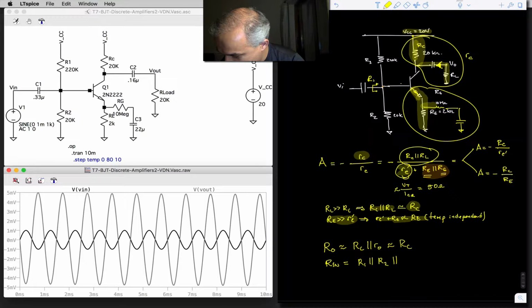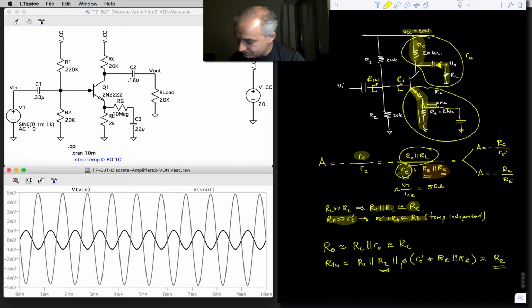This is Rin, with impedance looking from here, Ri, which is from the base, the resistance that you see in the emitter is amplified times beta. So it's going to be beta times re prime. This is in series, and then we can take two paths here and here, and so we have plus RE in parallel with Rg. And if we design the biasing network right, the smaller of all this is going to be R2, so this is probably going to be close to R2, slightly lower than R2.